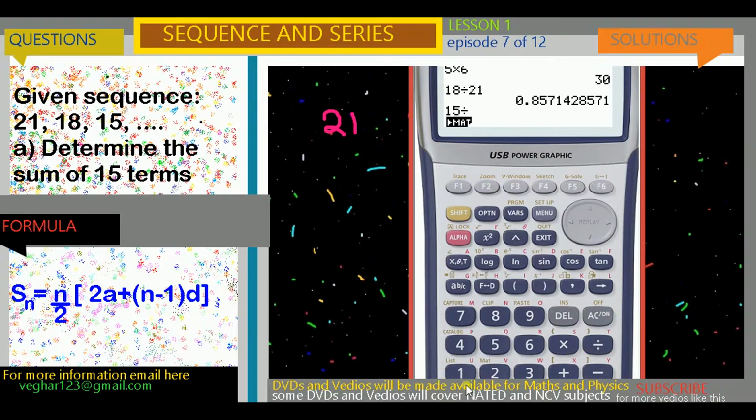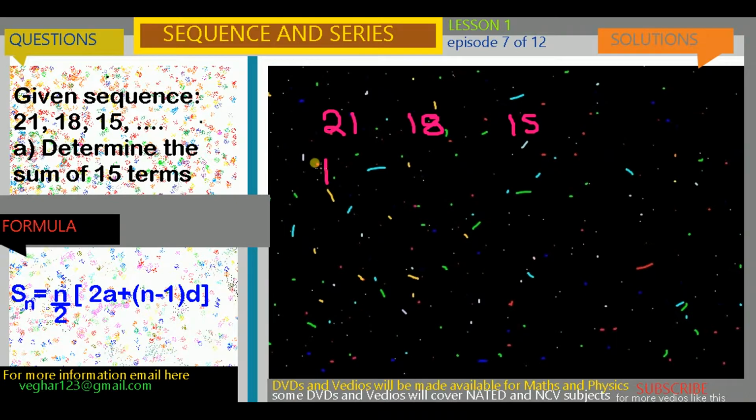Let's check. 15 divided by 18 is 8.33. So we're checking using the test for a geometric sequence.